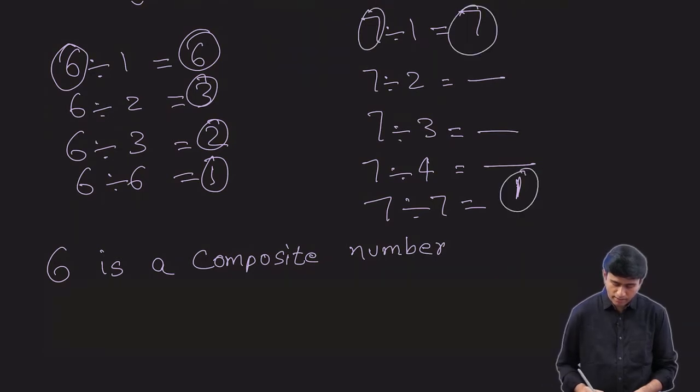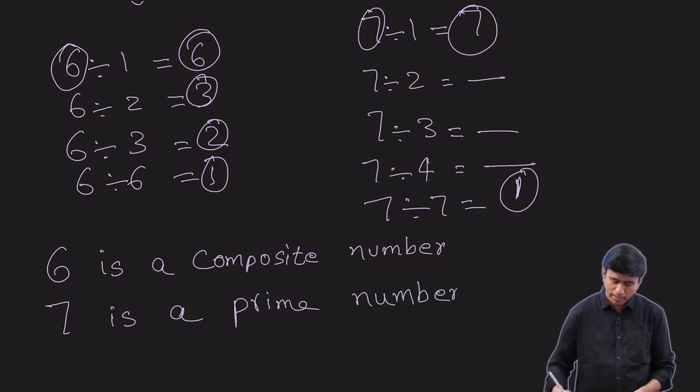Therefore, 7 is a prime number. So, a prime number like 7 is divisible only by 1 and 7. Divisible only by 1 and the number itself. Every other number becomes a composite number.